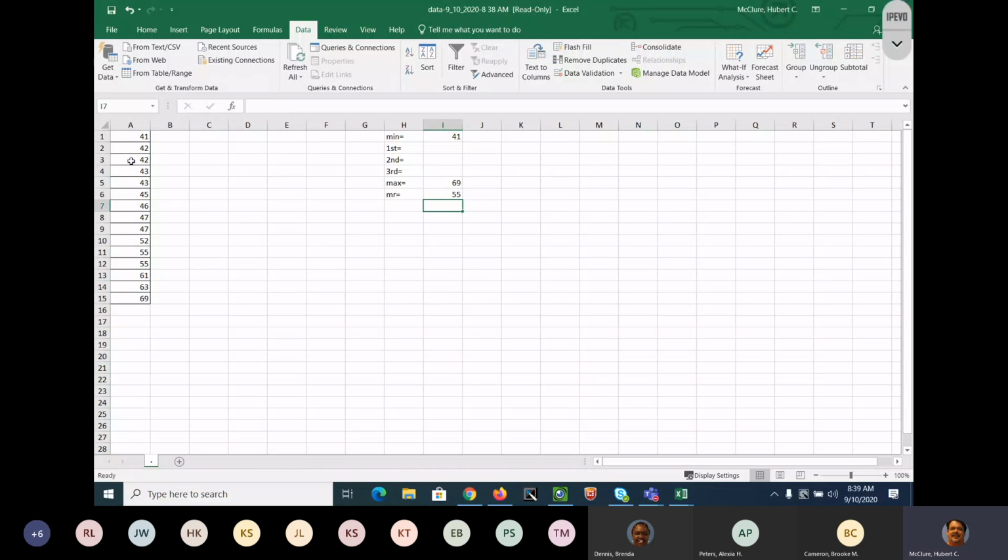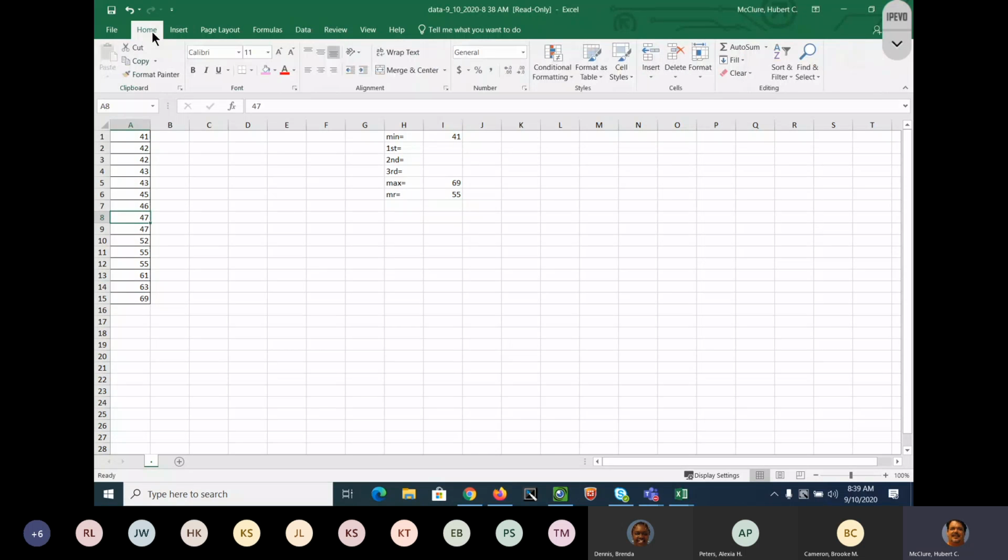And then the second, let's see how many we got, 15. So that's going to be number 8 is your median. So how many numbers do you have above 8? 7. So we just hit that one right there because 7 is odd. And 3, 1, 2, 3, boom.